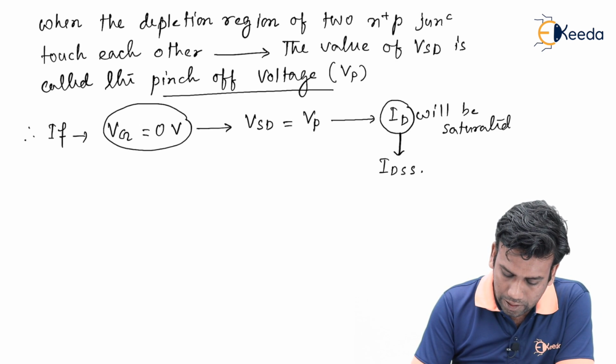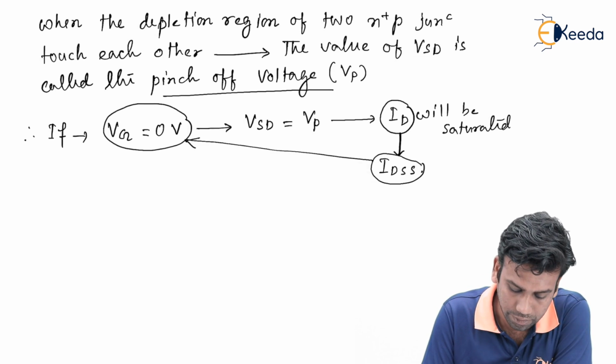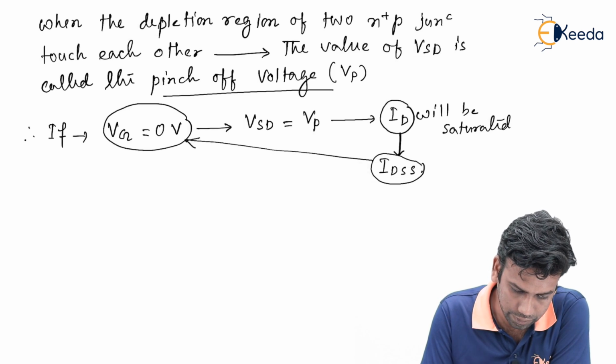That means ID saturated value or IDSS. That is, this IDSS is only applicable for Vg equals to 0 volt.